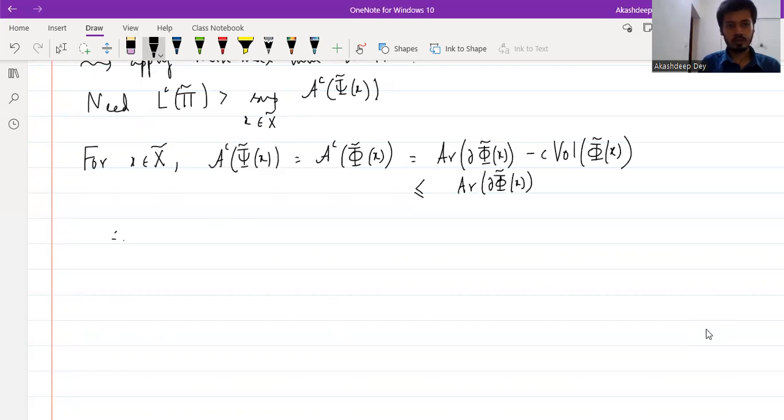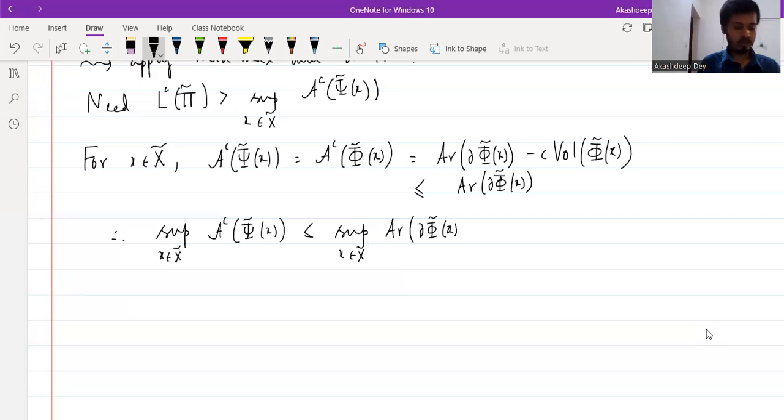Therefore, sup over x in x tilde of A_C phi tilde x is less than or equal to sup over x in x tilde of area of boundary phi tilde x, but this sup is approximately equal to omega k by the choice of the map phi.